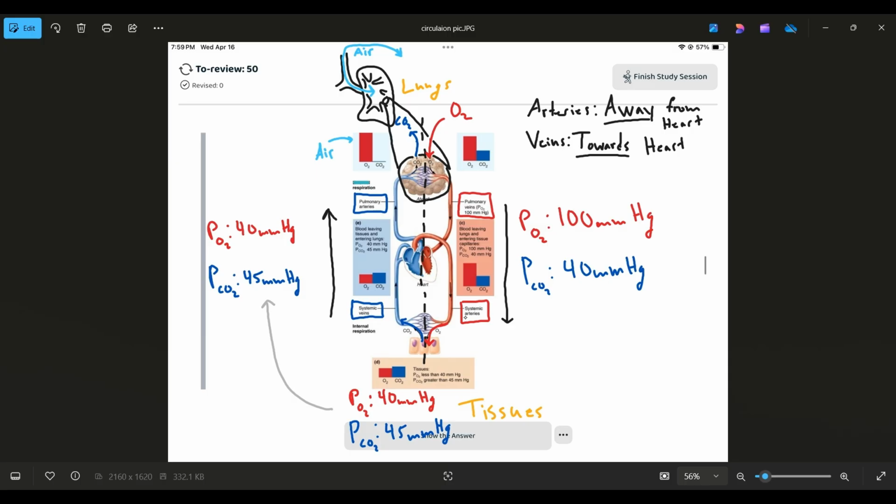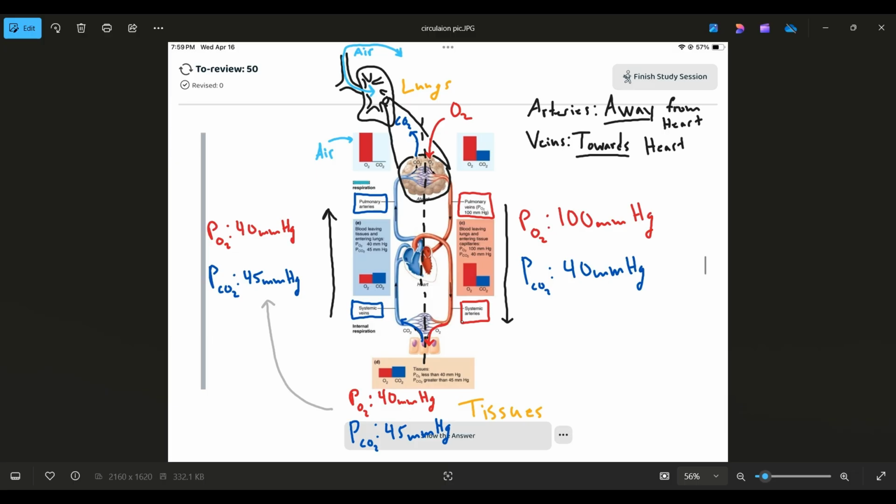So I think the key thing to understand here is just looking at these numbers for the partial pressures of each of these gases individually. I'll start by talking about the oxygen. When the blood first becomes oxygenated, it has a really high partial pressure of O2, right? When it moves down to the tissues and all that O2 gets diffused out, the partial pressure of oxygen in the tissues is 40 millimeters of mercury.